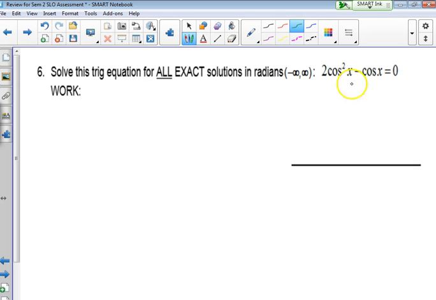Who's got this one? Yep, because it says all, we're going to need plus or minus 2 pi n, or just plus, I don't care. Yes, we're going to take a cosine out. What will it say then?